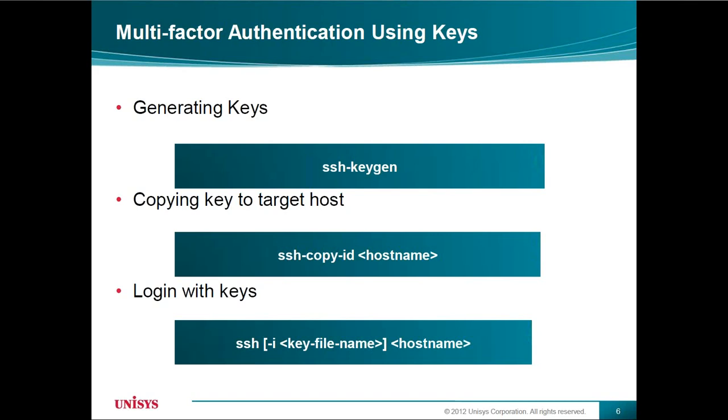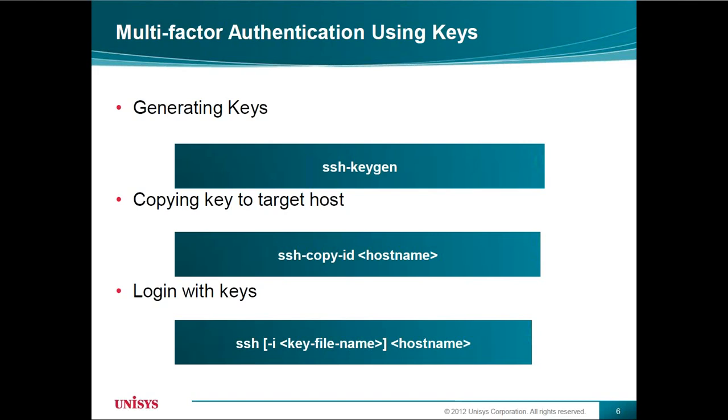Of course, the private key should never ever be shared with anyone, and it should never leave the host for which the key has been created. So the private key will remain with the client. The respective public key will be shared with the server using the second command, ssh-copy-id, and the third step is to log in using the key.